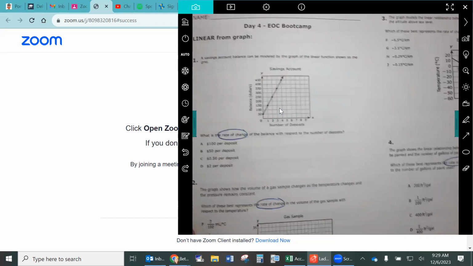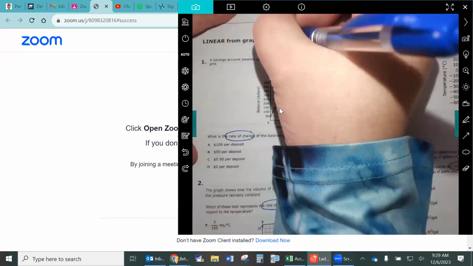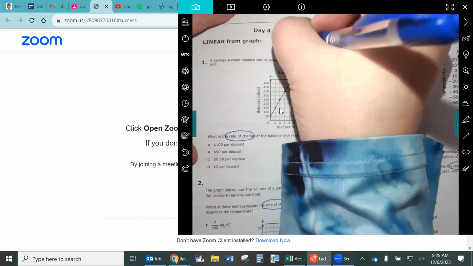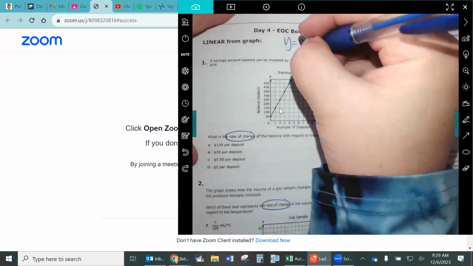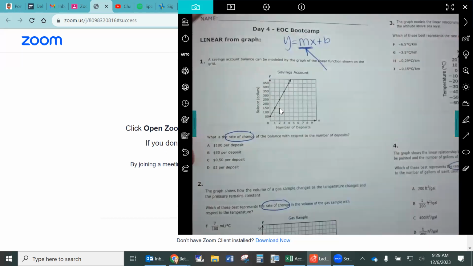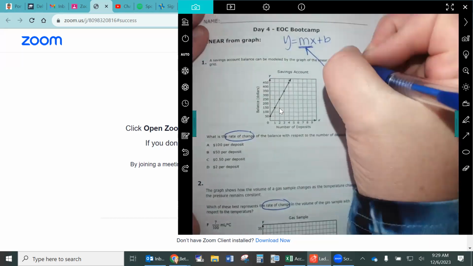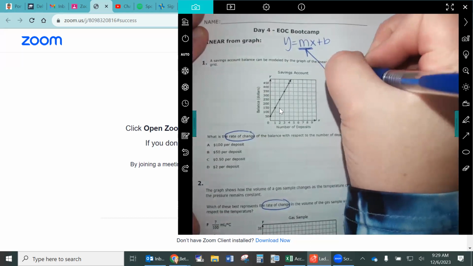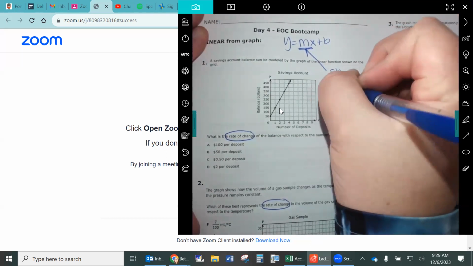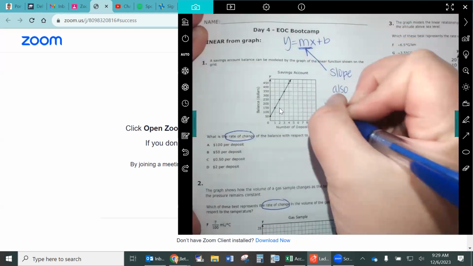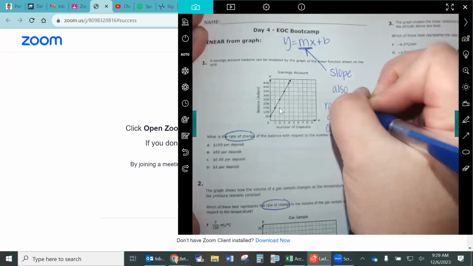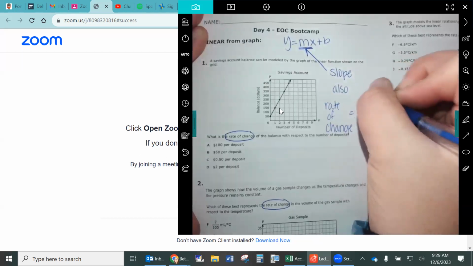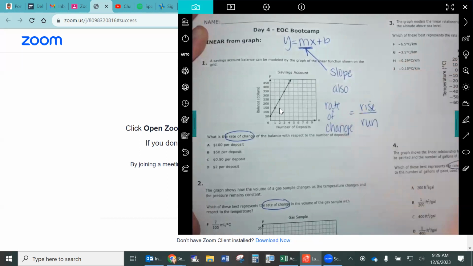When you are doing a linear graph, remember that it's y equals mx plus b. The number that is with the x, that is your slope, which is also called your rate of change. The rate of change can be found in the graph by doing rise over run.